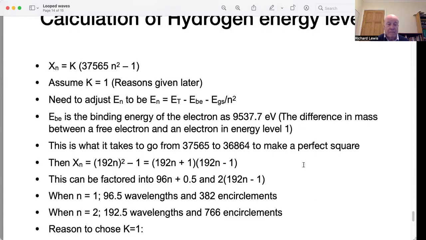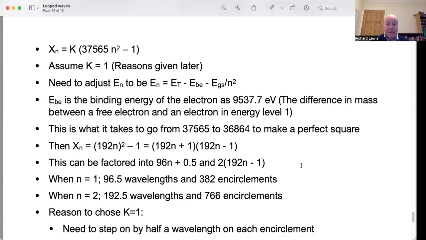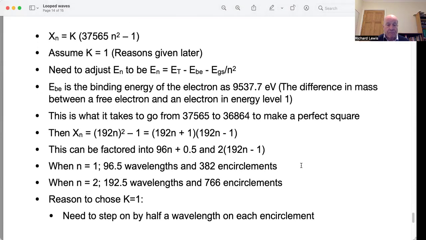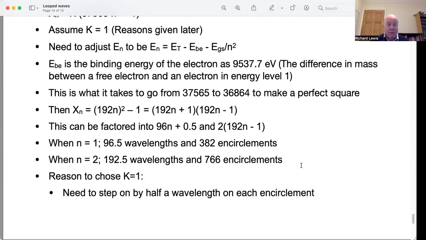And that's the difference in mass between the free electron and the electron in energy level 1. So now we've got a formula here which we can factorize, and this formula can be factored into 192n squared, 192n plus 1, 192n minus 1.